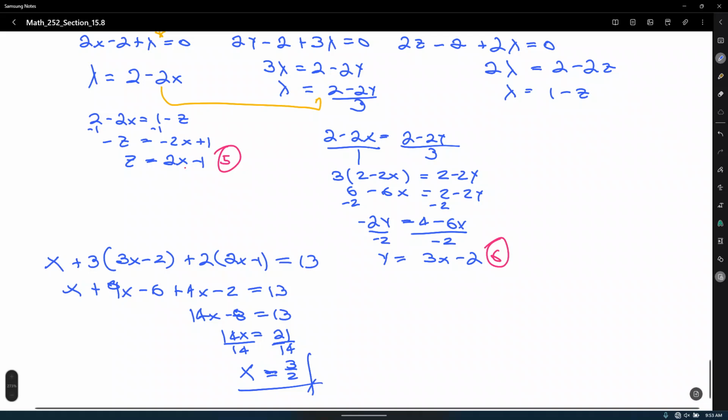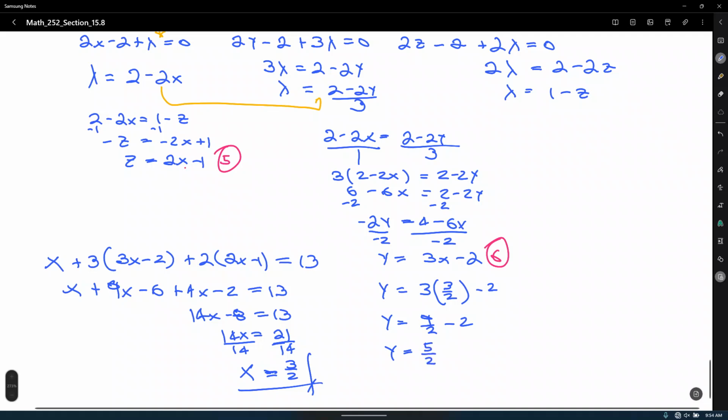Let's backtrack now. Go back to equation 6 to find y, and go back to equation 5 to get z. So y equals 3 times the x value we just found, that is 3/2, minus 2. Y equals 9/2 minus 2, which reduces to, according to my notes, 5/2.